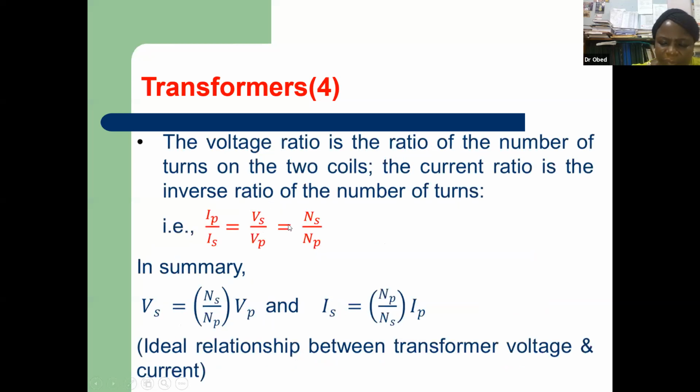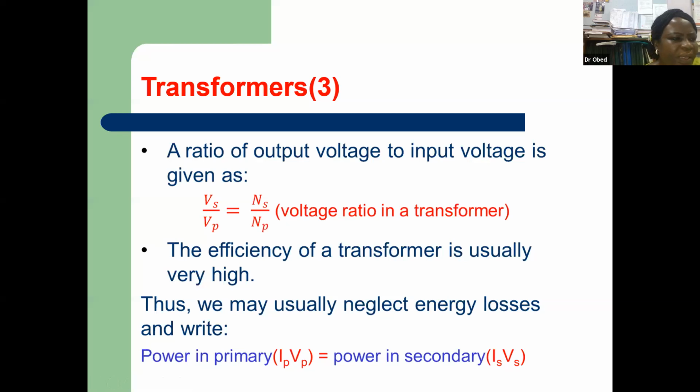If the transformer is 100% efficient, then the power input is equal to the power output. So we see that power in primary is equal to power in secondary.